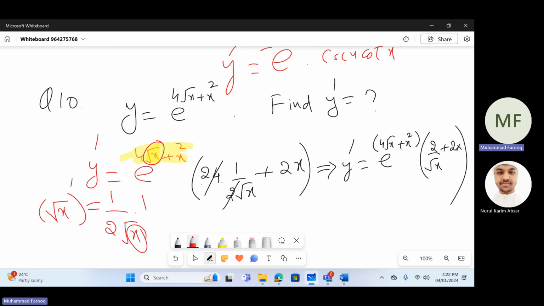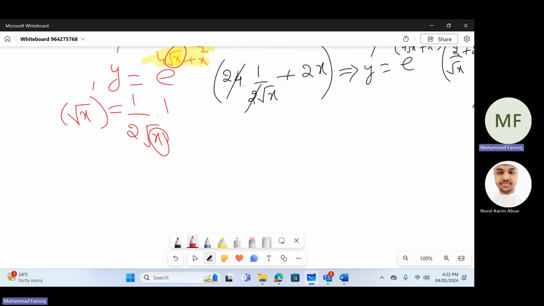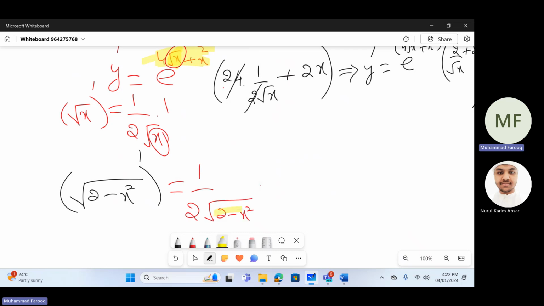For example, let's say I have the square root of 2 minus x squared. I need its derivative. Copy the same function with 1/2 into 2 minus x squared, times the derivative inside.